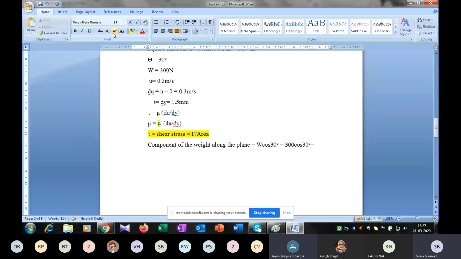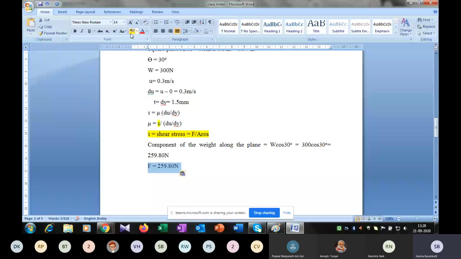259.80 Newton. Okay. So now this is nothing but the force exerted, that is 259.80 Newton. So this is the force.